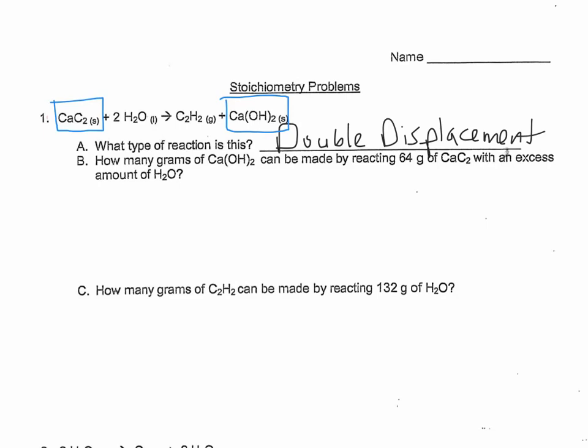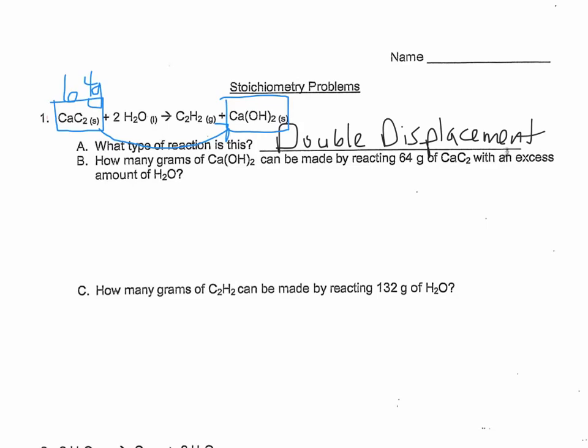So I'm going to put a box around that as well. And I'm just going to, above that, write 64 grams. So I know I have 64 grams of that CaC2. How much of that CaOH can I make? So we can use stoichiometry to tell us just how much CaOH will be produced.